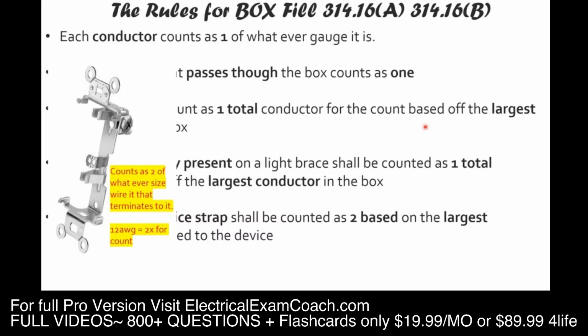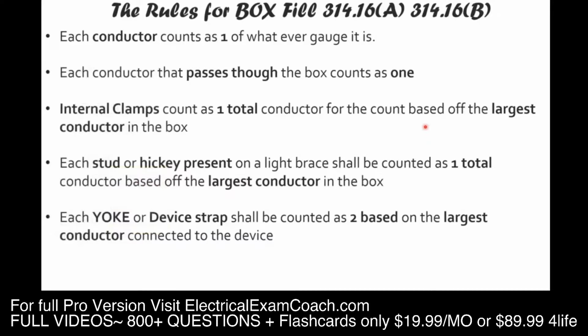If you have a single gang box, two gang box, or three gang box, each gang is going to count as 2 based off the largest wire that is connected to the device. So if I had a box that had 12 gauge on one switch and 14 gauge on another switch, the first switch would count as 2 12s and the second switch would count as 2 14s.